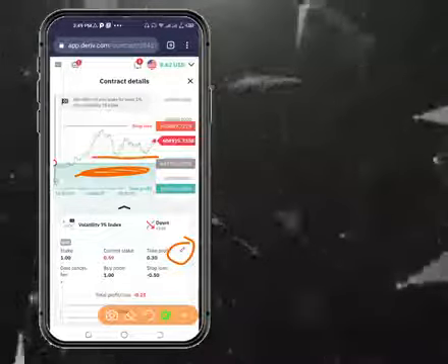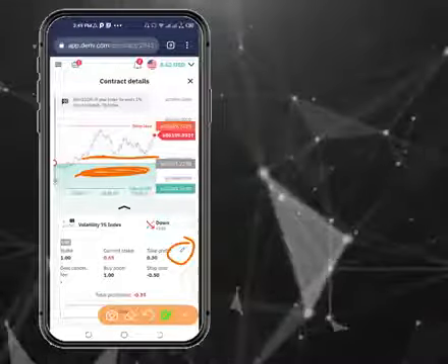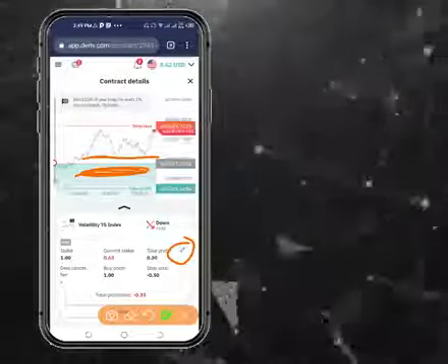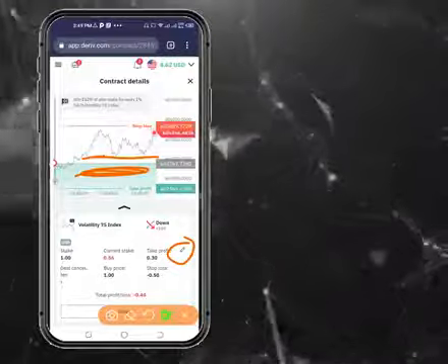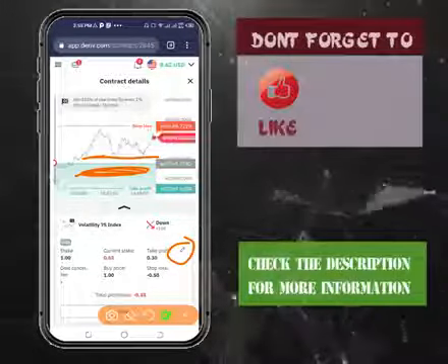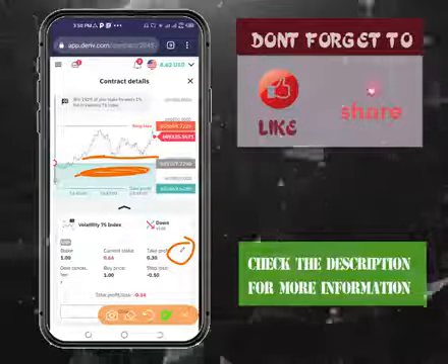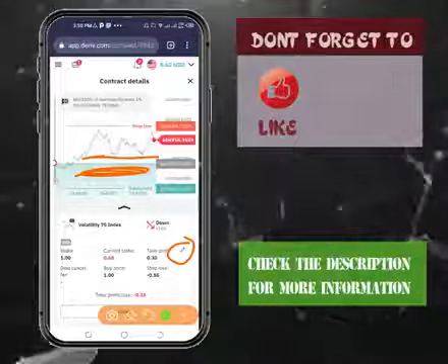It might likely get to my stop loss this time around. Let's see. Okay, it's going downwards. If it doesn't make a new high, it means I'm still safe.